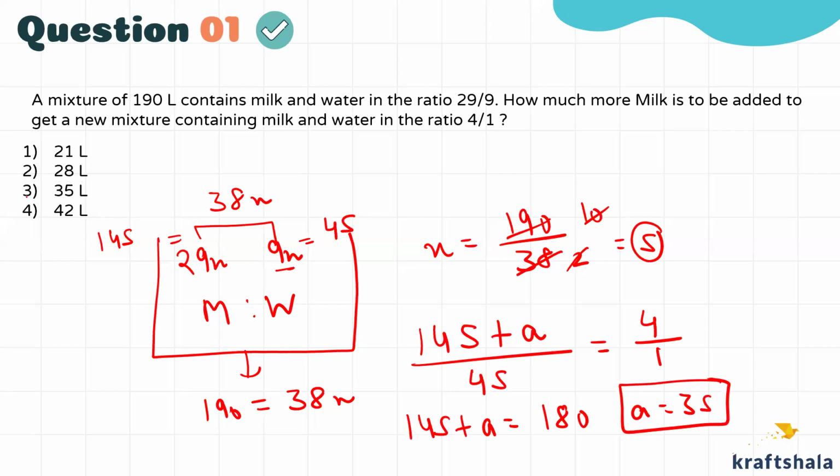A comes to be 35 liter. So we haven't digressed from the method that we employed in the previous one. It's the same thing. Clear? You can note this down.